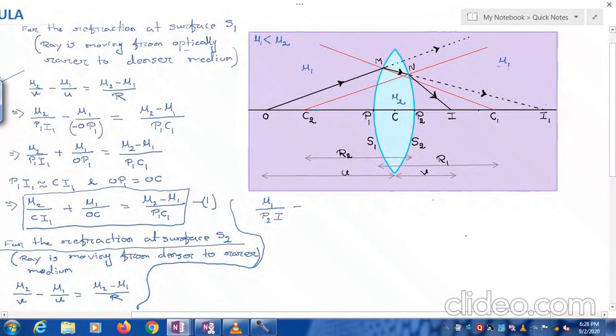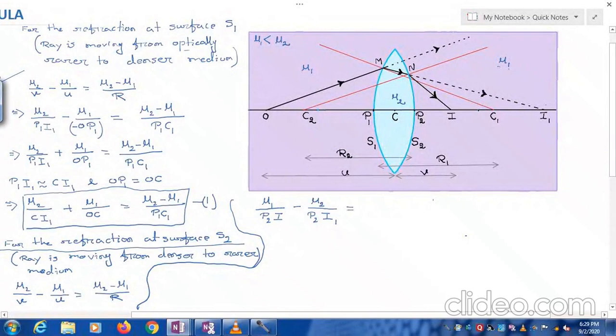Minus, for this refraction at the second surface S2, the first medium is having the refractive index mu2, or the incident ray is in the medium having refractive index mu2. So we will write it as mu2 divided by, here the object distance is P2I1, because I1 is a virtual object here. And both P2I and P2I1 are positive because both are at the right side of the point P2.